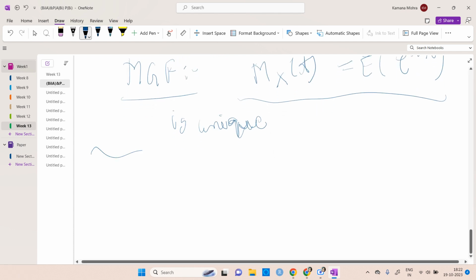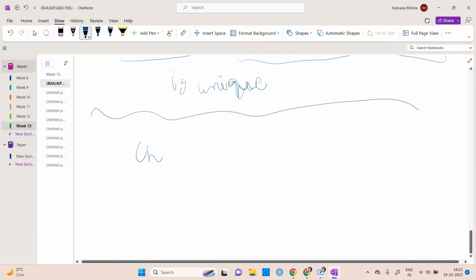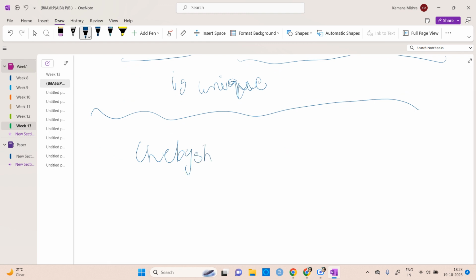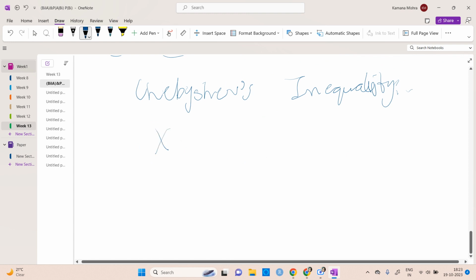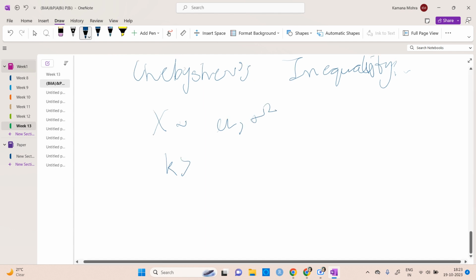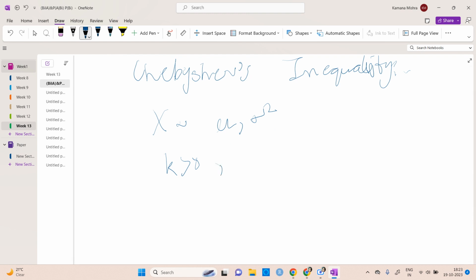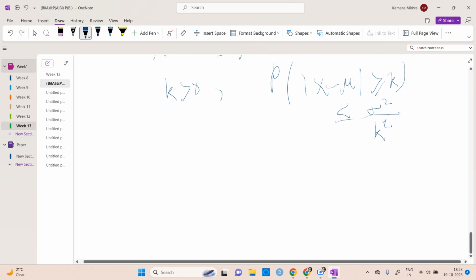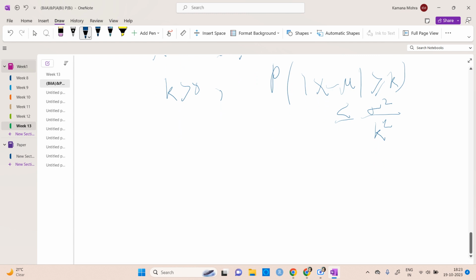Now the next thing from which questions can come is Chebyshev's inequality. What is this? If you have any random variable x with mean mu and variance sigma square, then for any k greater than 0, the probability that |x minus mu| is greater than or equal to k is less than or equal to sigma square by k square. What it means is, I have not written the questions for this, but I'm going to tell you.